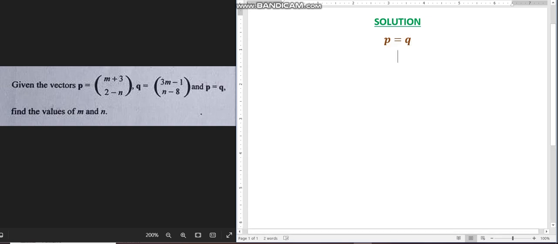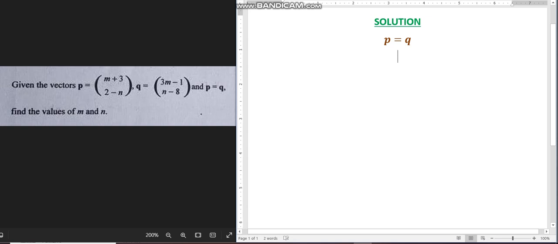So in our second step, we are going to substitute the vector for p and the vector for q. Wherever we see p, we put the vector p there, and wherever we see q, we put the vector q there.